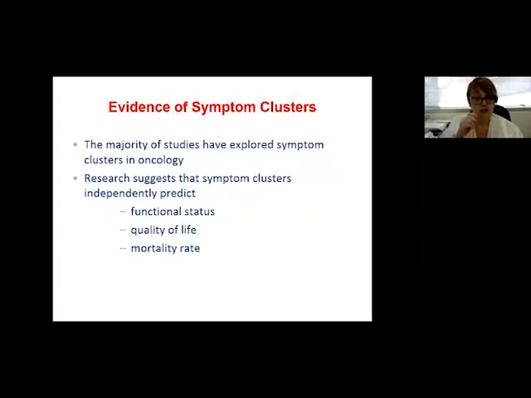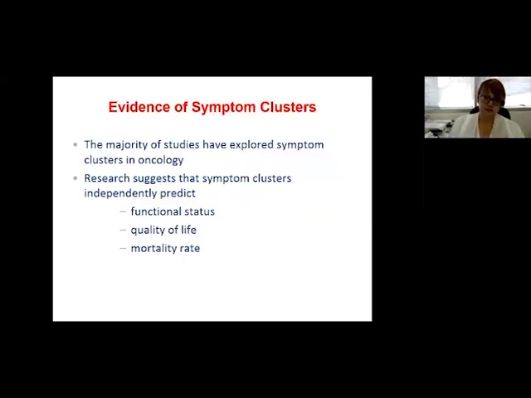The majority of knowledge that guides clinical practice has come from oncology, in cancer patients, looking at symptom clusters. And there is research that's informing practice in cancer around how to manage these symptom clusters and the effect that managing them well will have on functional status, quality of life, and in fact, mortality rates.